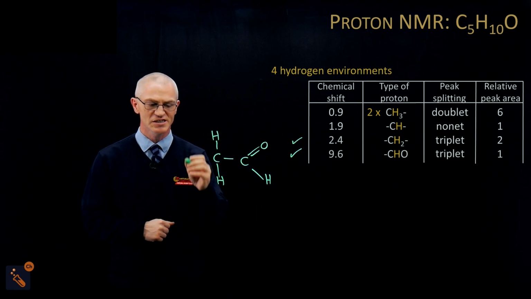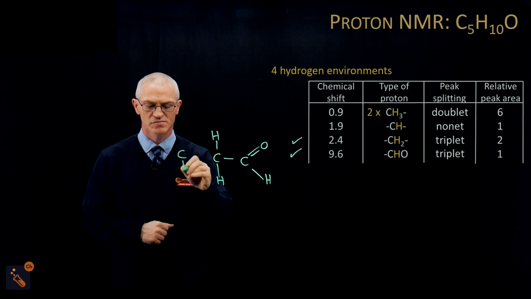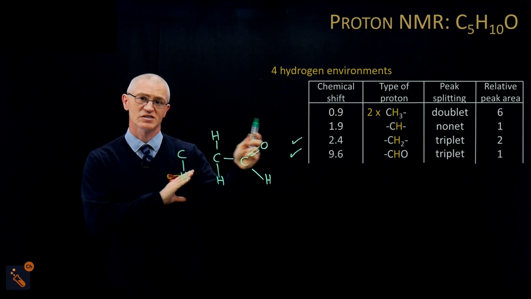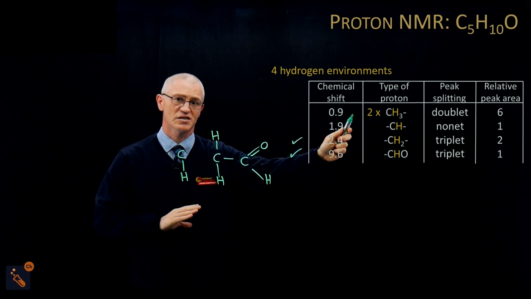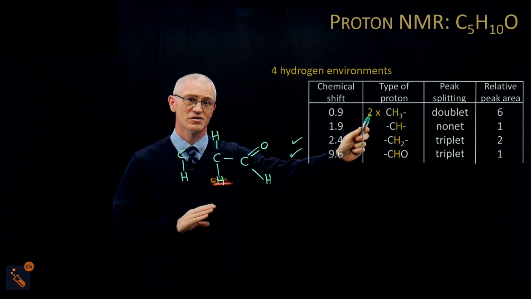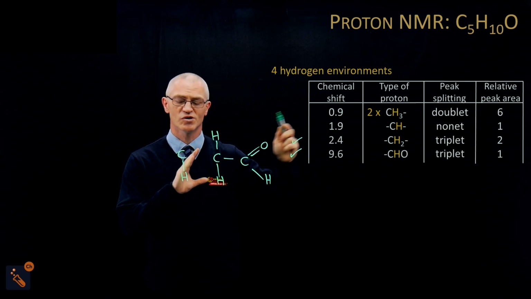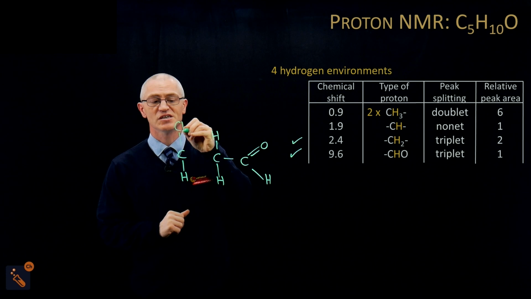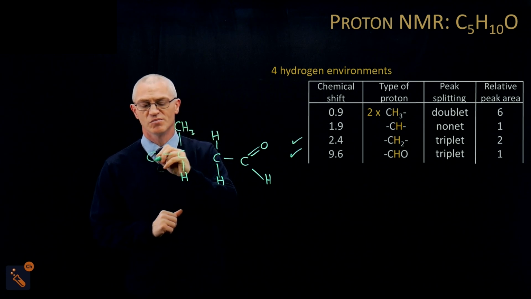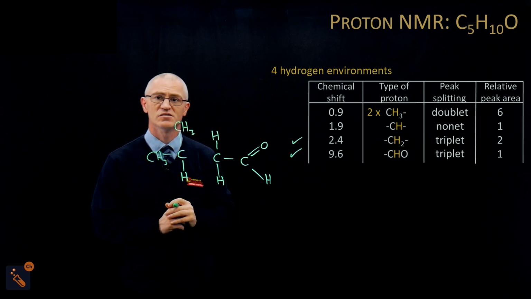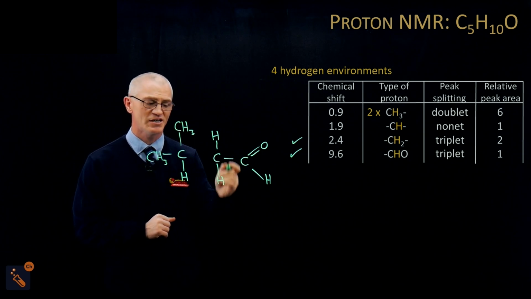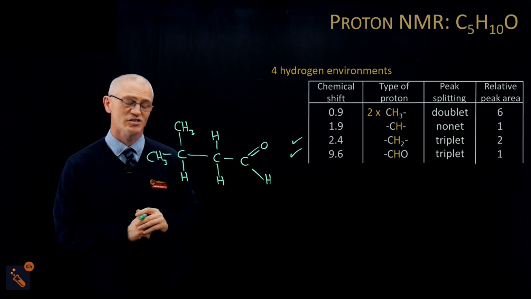Now we're left with a CH, and we know that the CH3s here, because there's 2 CH3s, they're a doublet, they're next to a carbon with 1 hydrogen on. Here's a carbon with 1 hydrogen on, so that means my CH3s are bonded to that carbon. So I've got that group, and I've got this group, and it's logical because we've used up all the carbons and hydrogens just to put that together.